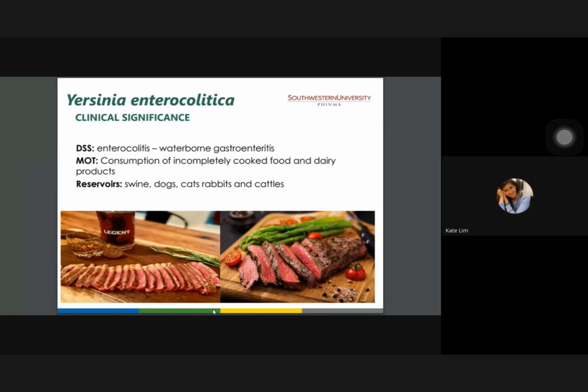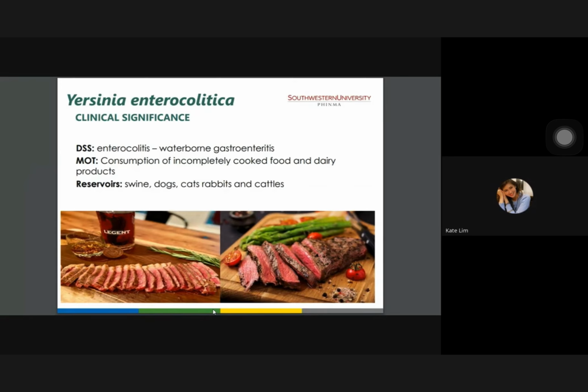Mainly, we get this from the consumption of contaminated food, specifically incompletely cooked food, particularly meat products as well as dairy products. If you're fond of eating your steak raw or rare, you could actually get this. This highlights the importance of good food preparation and cooking to prevent this infection.